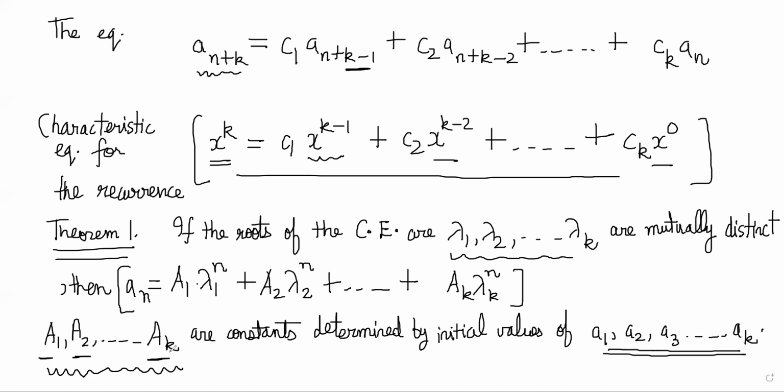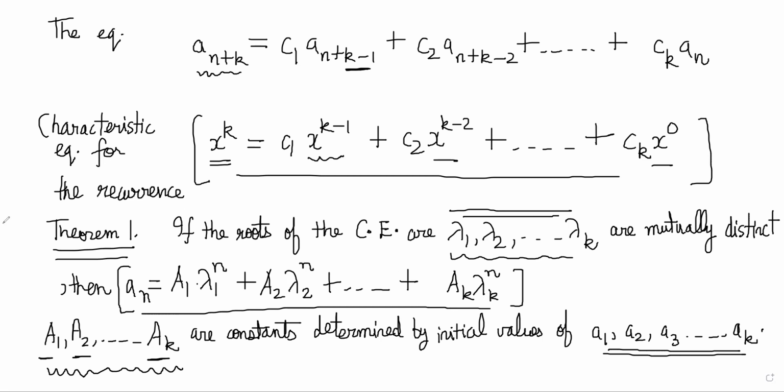So theorem 1 is basically saying that if we form the characteristic equation for our recurrence, and the roots of that equation are mutually distinct, the general term of the recurrence will be of this form. Right now we are going to accept the theorem without any proof. Later when we do some examples, we'll realize that the theorem works fine, right?